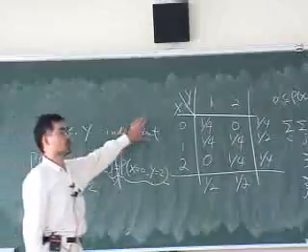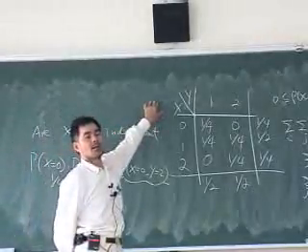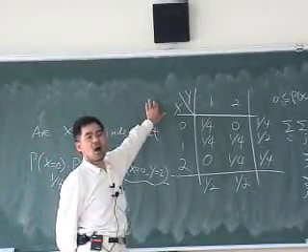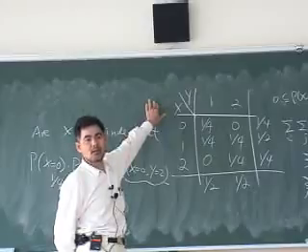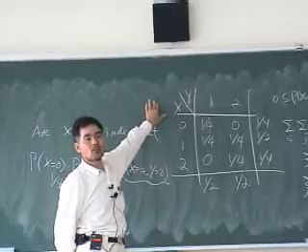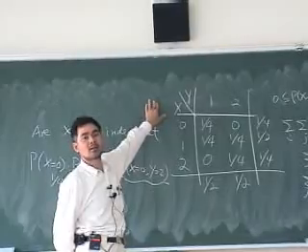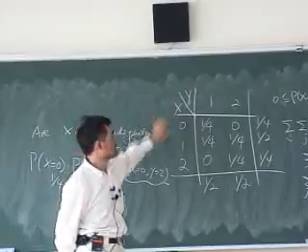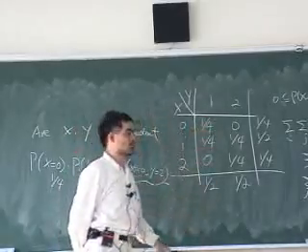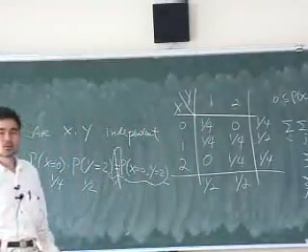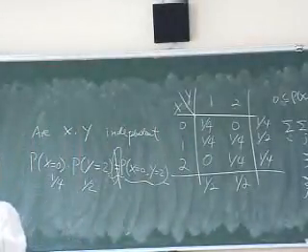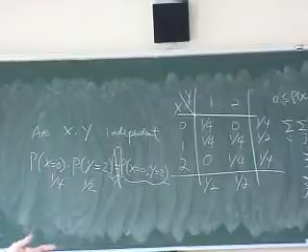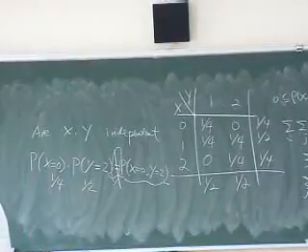Also, if you remember, when x and y are mutually exclusive, then they will not be independent, right? Remember that? So basically, there are several ways to do that. Questions?